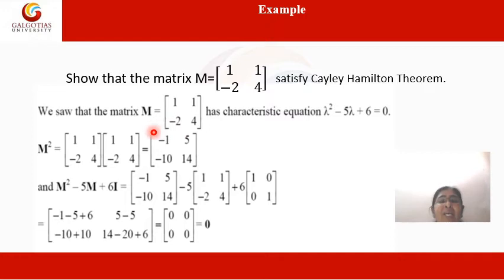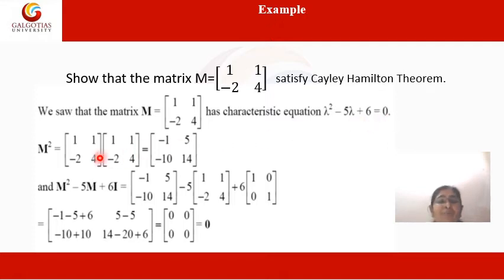It is determinant of A minus lambda I equal to 0. Here our A is M, so substitute: determinant of M minus lambda I equal to 0. Solve it out. On solving this, I will get the characteristic equation lambda^2 - 5 lambda + 6 = 0.